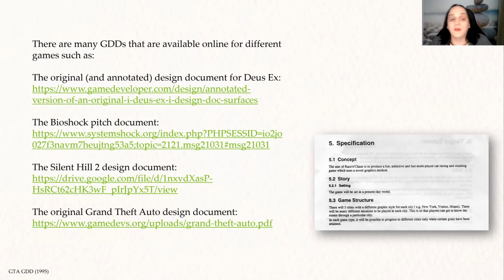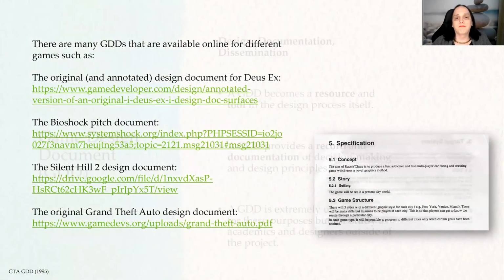Silent Hill 2, and of course the original Grand Theft Auto are just a few examples of these that you can be finding just online by doing a simple Google search, and are very much worth the effort to have a look. These are four examples of very different games that have very different design documents, as they have very different focuses, very different priorities in their design elements. You can see these in these examples here.